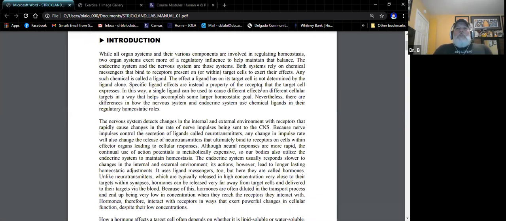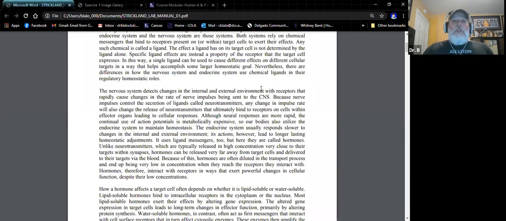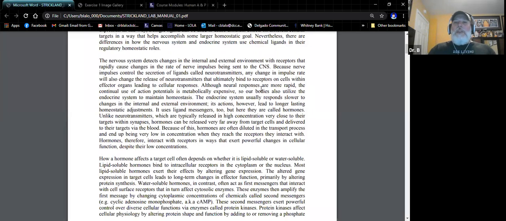Remember, the nervous system works by using nerve impulses, which can travel in myelinated axons up to 120 meters a second. Well, that's not going to be even remotely close, or as slow, as the endocrine system is going to work. With the endocrine system, we have to release it into the bloodstream, and then the heart has to pump it through everywhere. But because the nervous system works based on neurotransmitters and impulses, it works quickly, but the effects are very short lasting.